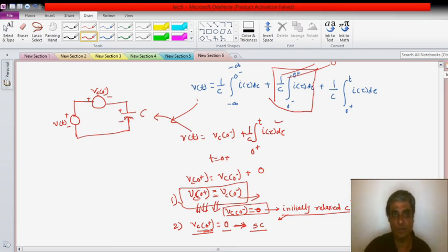This representation lets me compute the voltages and currents for t greater than or equal to 0 positive. So now we know the behavior of inductors and capacitors before and after the switching.